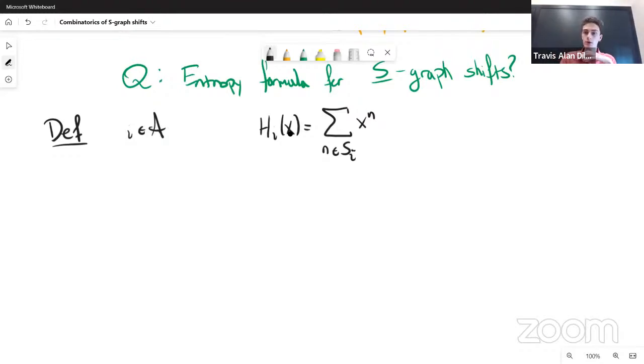So this looks very similar to the power series that appeared in Spandl's theorem for the entropy of S-gap shifts. There was a +1. Here there is not. But other than that, this is basically the same formula. And so this is a good way to encapsulate, a little more combinatorially, as a generating function, the information of the set S_i. And to incorporate the graph structure, what we define is a matrix. This is a Q by Q matrix.